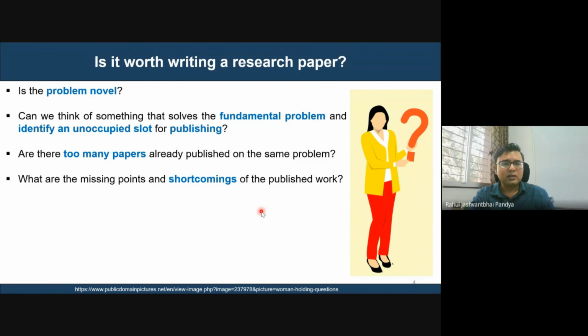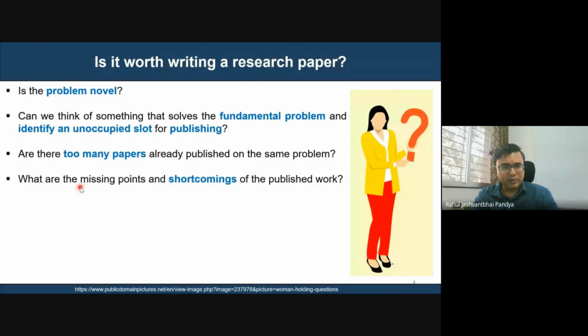Or the problem is not novel, so we have to identify something which is novel, where not a lot of work has been done so far, and then we put our work in that slot and publish, right? Whenever we find a problem, we have to look at the missing points and shortcomings of the published work. Let's say I found a problem, it is novel and there is scope for publication.